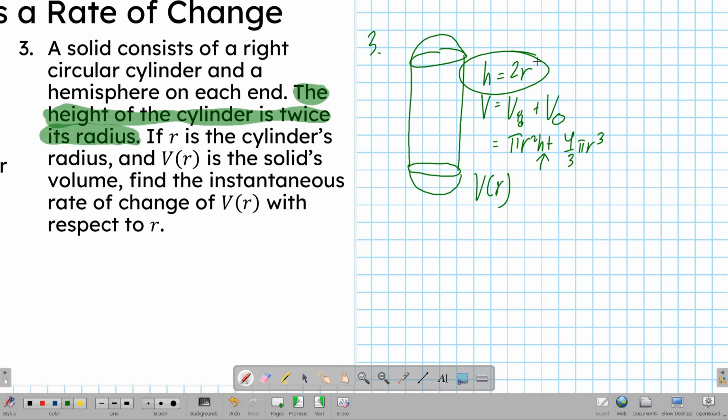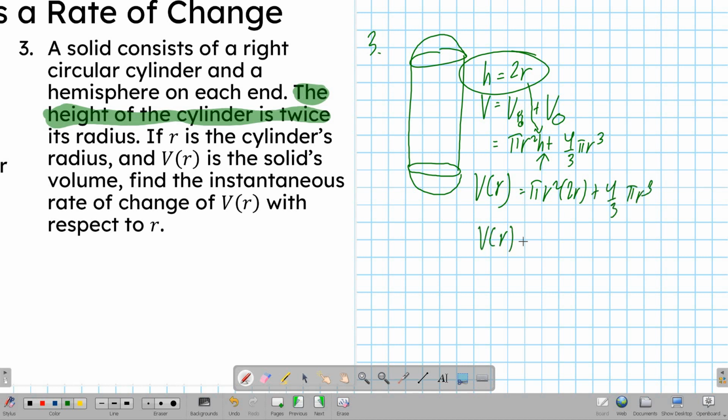Because we know that h is equal to 2r. We don't need to actually solve for anything else. Let's backtrack that. We can simply substitute 2r here. So V of R will be equal to pi r squared times 2r plus 4/3 pi r cubed.